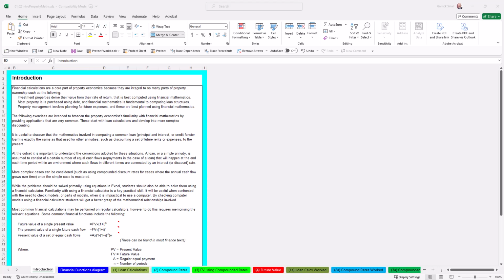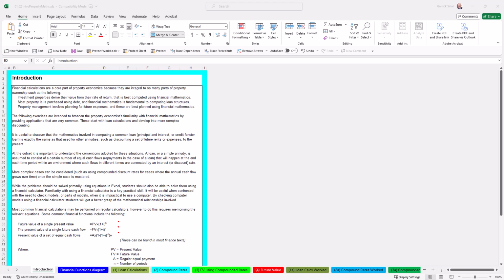This is a spreadsheet which demonstrates basic financial mathematics with a bit of an application to property, and also introduces you to the way that the self-correcting functionality works in these Excel spreadsheets if you haven't encountered them before. Okay, the Excel spreadsheet begins with the introductory page.